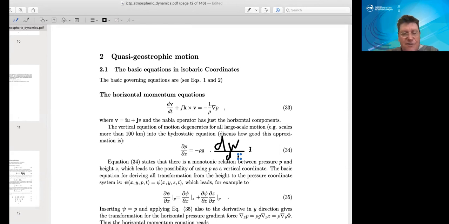Let's just, for our synoptic scales that we have already introduced, estimate what's the accuracy of this hydrostatic equation for the scales that we are interested in. Because if we estimate rho times g, so rho would be 1, right? That's what we said, around 1. g is around 10. So the order of magnitude of this first term here is 10.